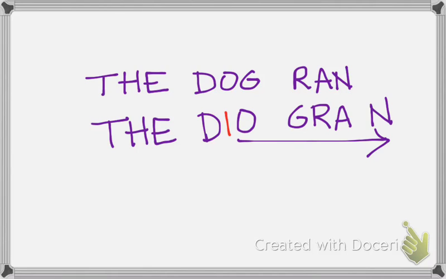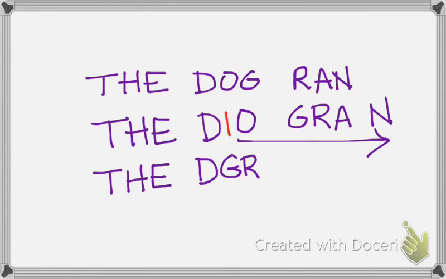It's not going to make any sense. That's an insertion. In the same way, if we leave something out, say that we leave out our O this time, and everything shifts to the left, again, everything after the area that the mistake was in, right there, is messed up.